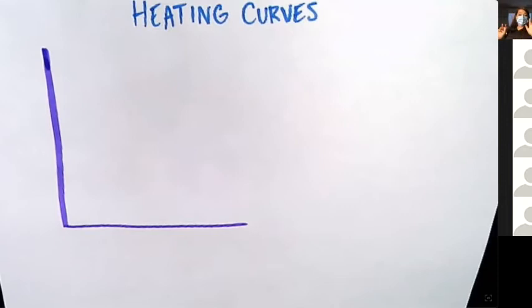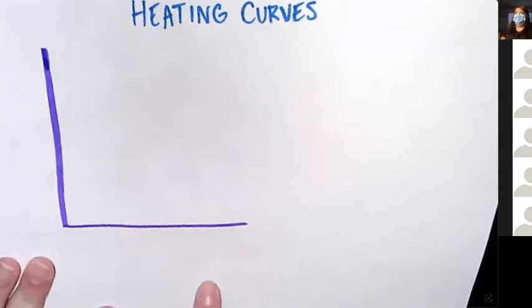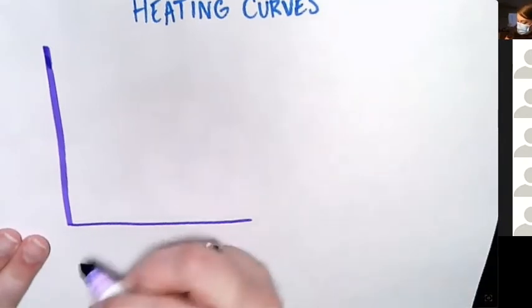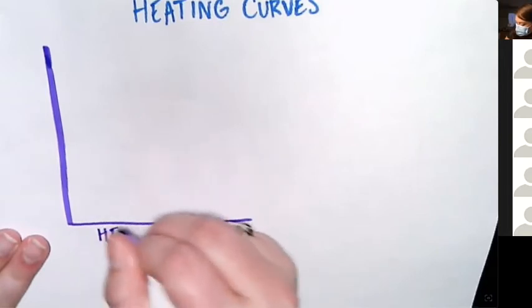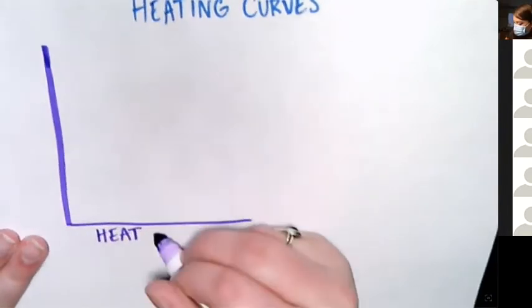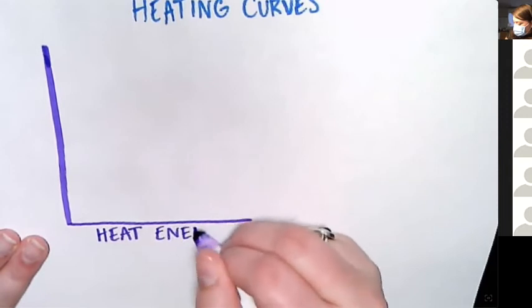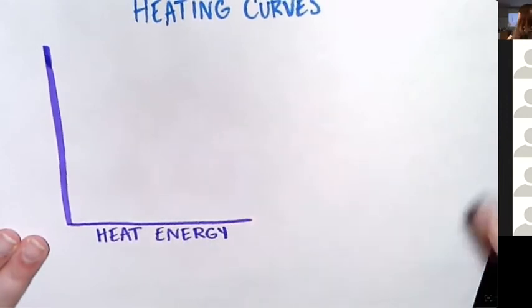All right. So far so good. Not so bad, right? So the first thing we're going to do is label our sides, our axes. Here's how we're going to label them. The bottom one is heat energy. Okay, heat energy.